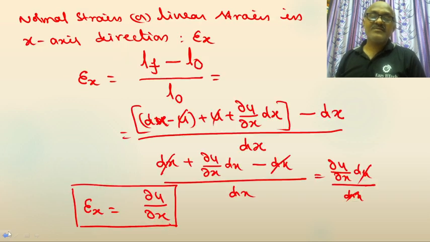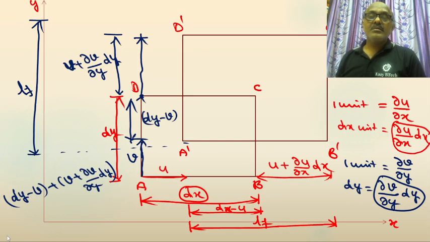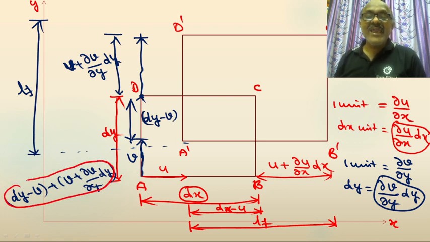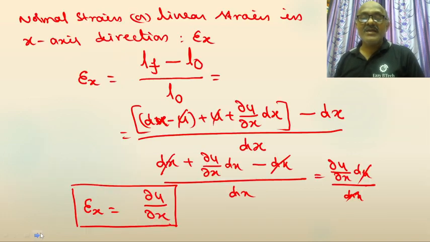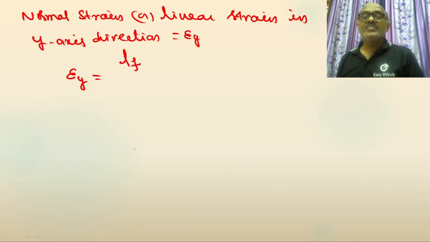See, my dear students, this is the final length of the line element A dash D dash. The original length of the line element AD is dy. So that is LF minus LO divided by LO.